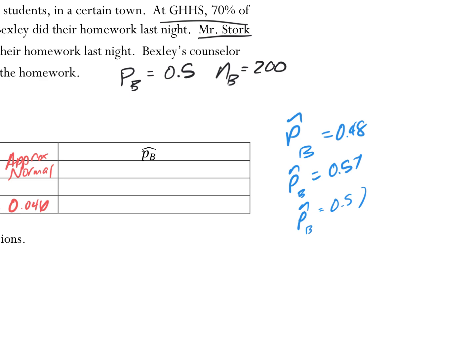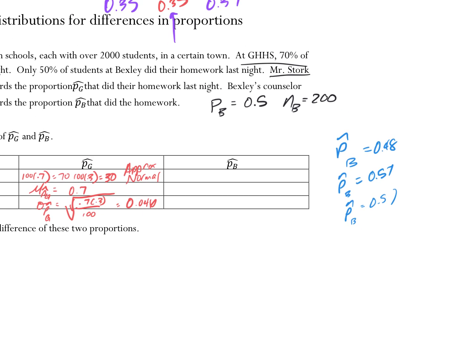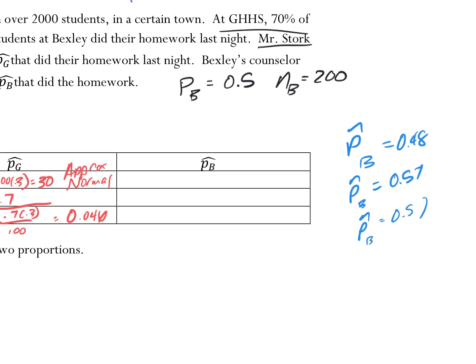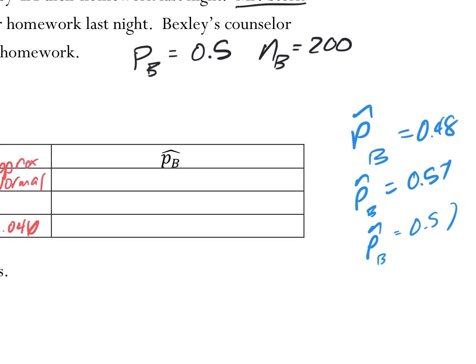All right. Now, can we do the shape, center, and spread for Bexley? Let's see. NP would be 200 times 0.5. N times 1 minus P would be 200 times 0.5. Both of those are equal to 100, y'all. That's greater than or equal to 10. So the Bexley percentages are approximately normal.